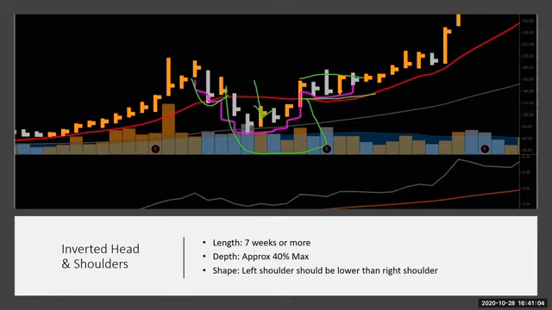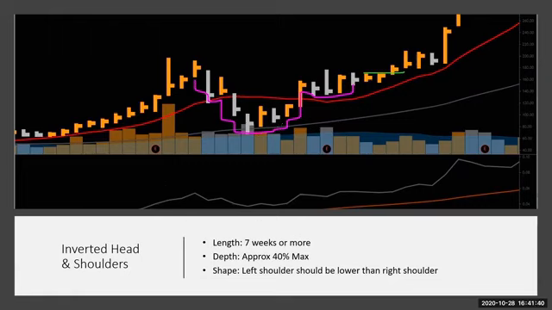They're starting to shake out some of the weak hands that maybe bought in back here that are just breathing a deep sigh of relief to finally get back to even, and then it takes off. It's one of the most powerful patterns in trading. And this one here is actually what Tesla did earlier this year, ran 200% from this level.